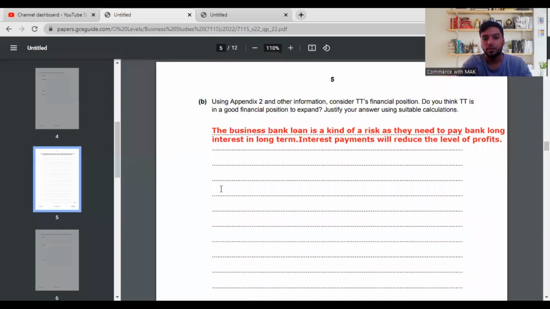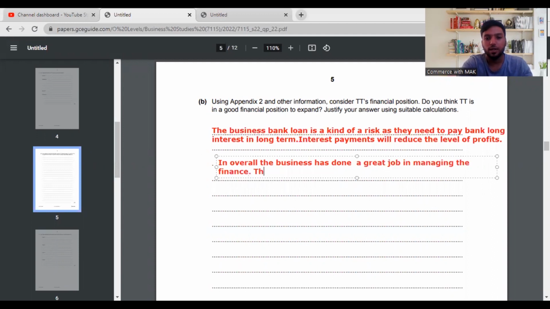So overall, this is the final conclusion, guys. You need to write: business has done a great job in managing the finance.